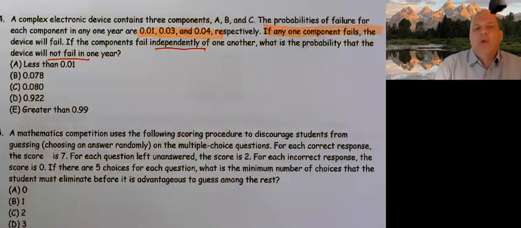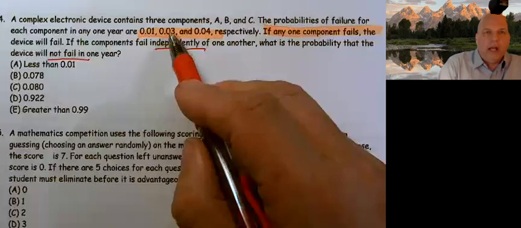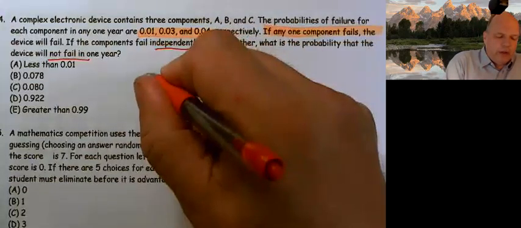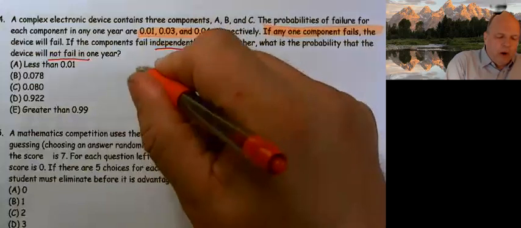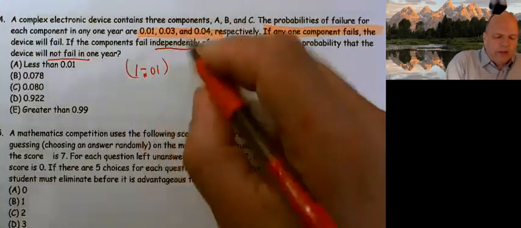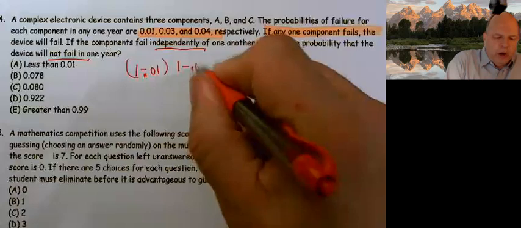All right, for the device not to fail, this can't fail, and this can't fail, and this can't fail. So the probability that the first one doesn't fail is 1 minus 0.01. The probability the second part doesn't fail is 1 minus 0.03.